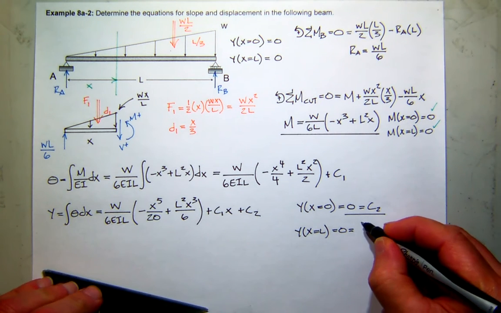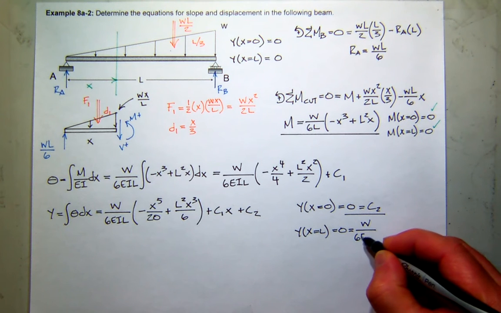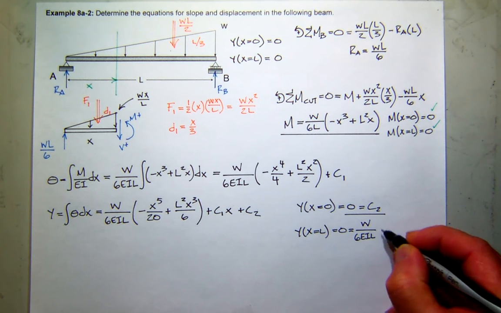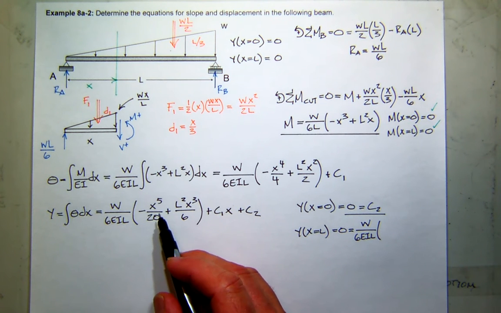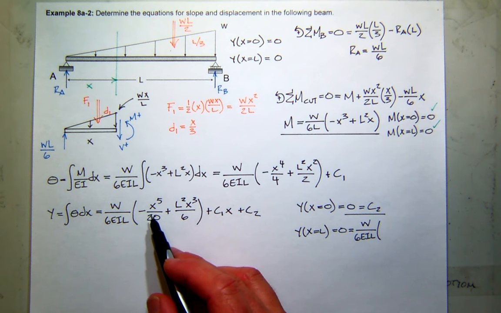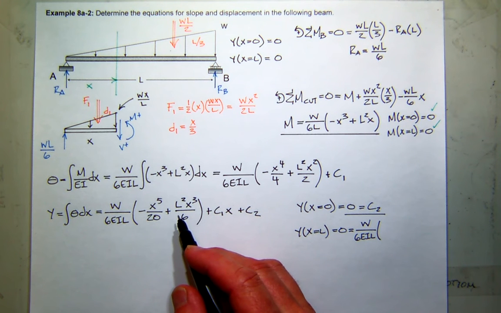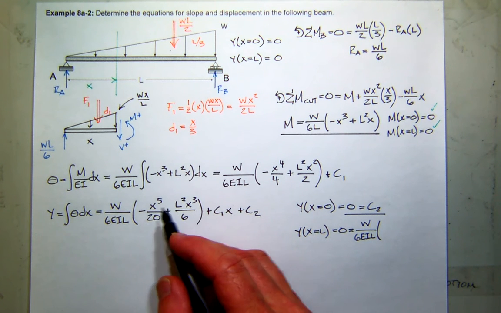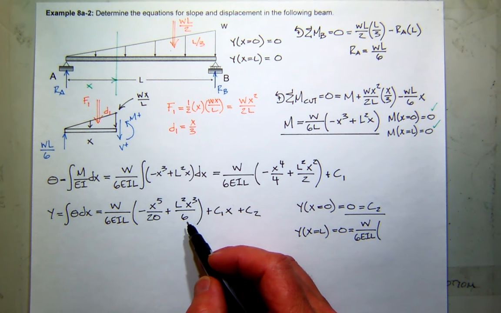Well, I've got my constant here, W over 6EIL. When I put in L here, what do I get? Well, both the numerators are L to the 5th. And I get a negative 20th and a positive 6. The only common denominator I can see to make this easy would be 60. So this would be 3/60ths and 10/60ths, right?